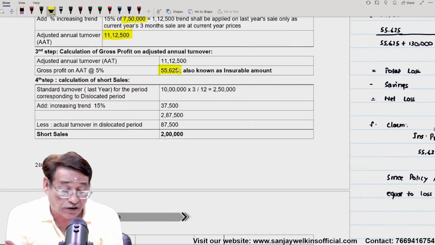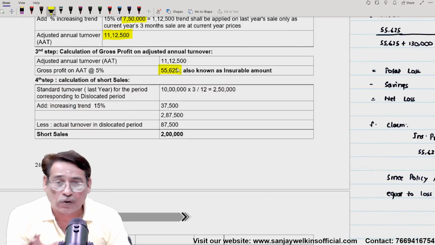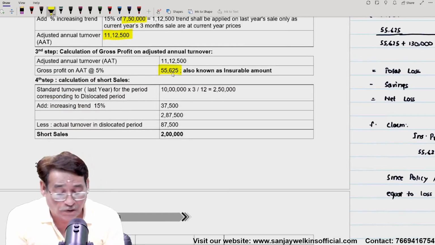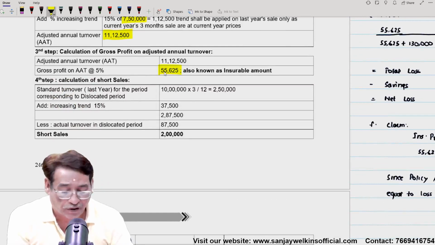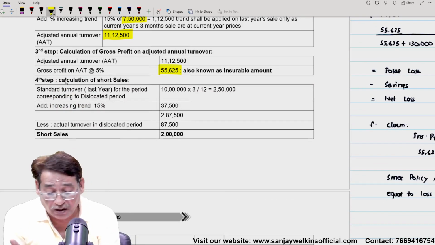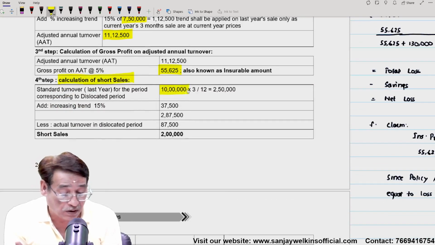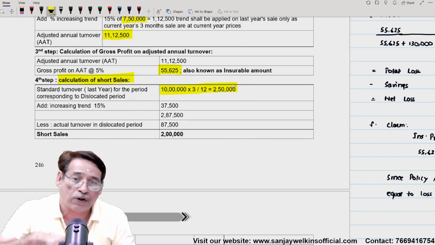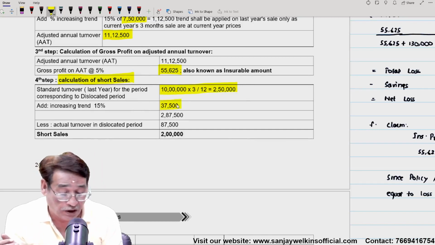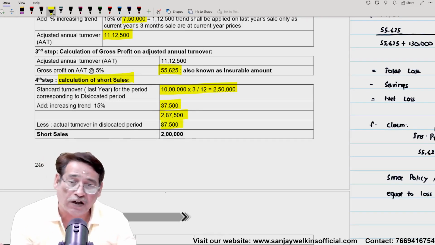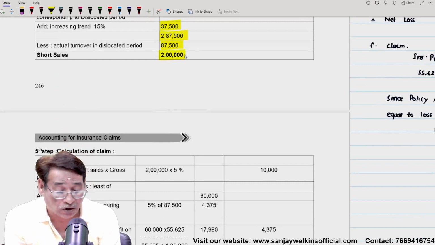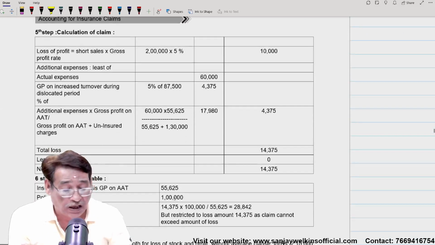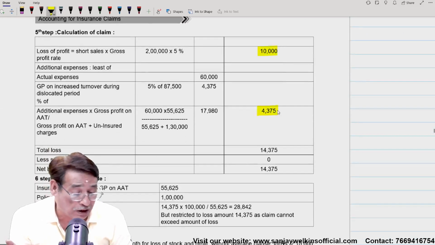Then our gross profit on annual adjusted rate will be equal to 55,625. And then calculation of short sales, 2,50,000 will be considered as sales of the period corresponding to the disturbed period. We will add 2,87,500, then 87,500 is our actual sales, 2 lakh is short sales, and this is how we have computed the amount of claim.